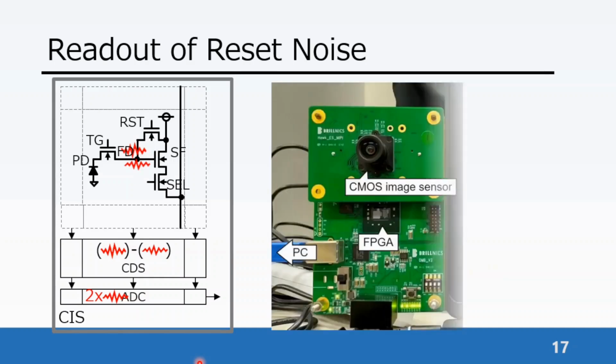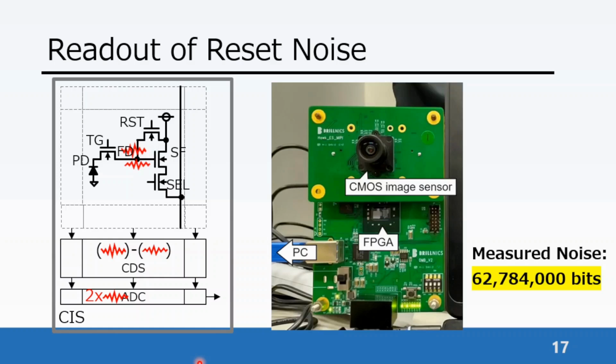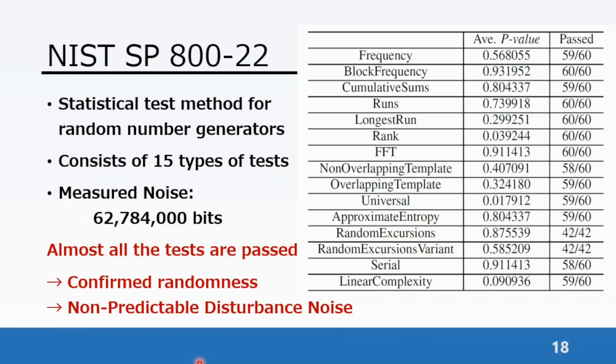We have measured 62 million bits of the reset noise to verify its randomness. We have verified the randomness of the CMOS image sensor reset noise using the NIST 822 standard. NIST 822 statistically evaluates the quality of random number generators. This framework includes 50 different tasks.